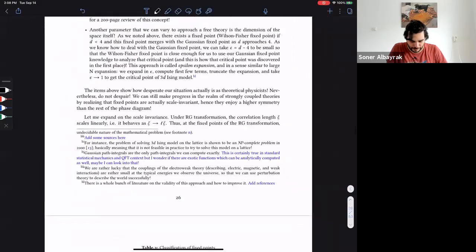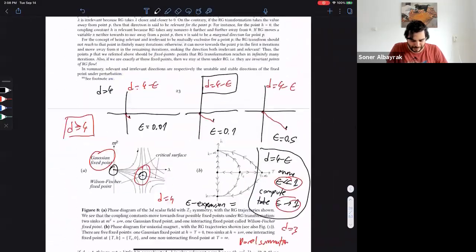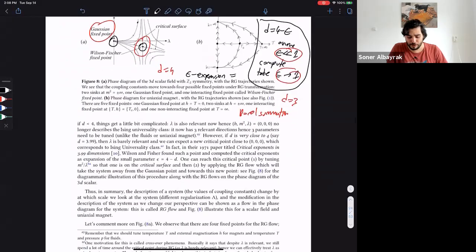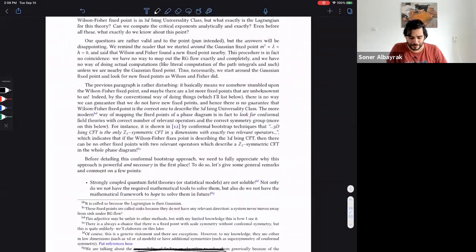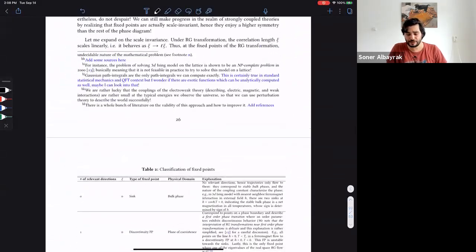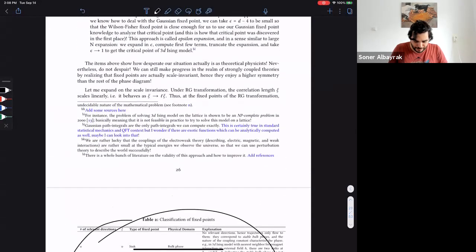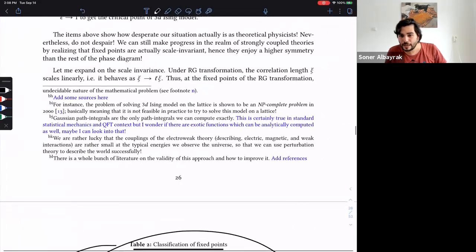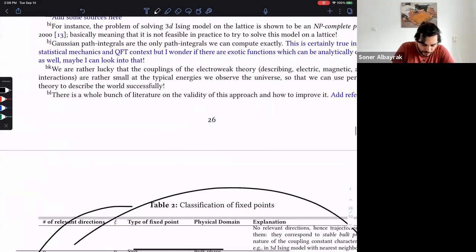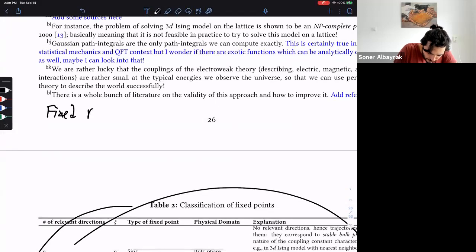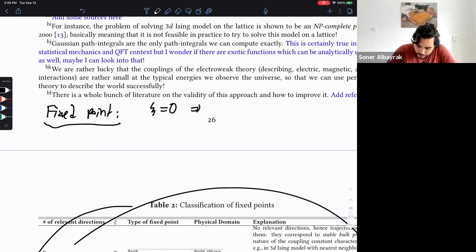Okay, that's it. Today we saw the RG formalism. Any critical point is actually a fixed point, and we can classify fixed points. There's a nice table here I wrote down; you can check it if you want. But let me just say this, since I have about 7 minutes. If I have a fixed point, there are basically 3 cases. Xi can be 0, so the theory is topological in the IR.